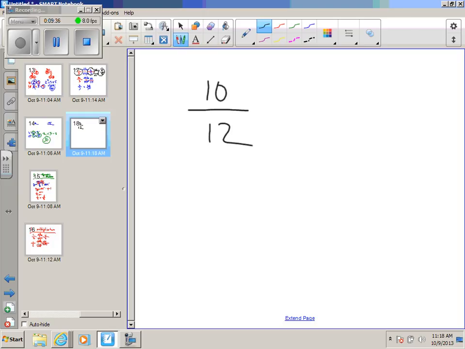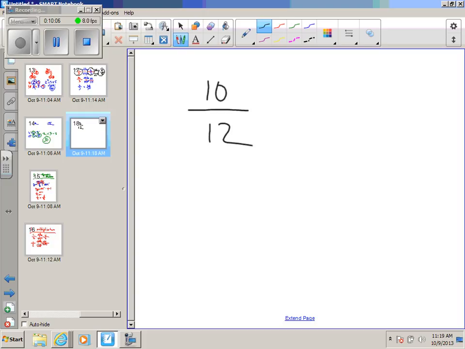Now, with multiplication, I can use whatever numbers I want. Do I have the same luxury with division? No, because if I look at this 10 12ths and I say, oh, you know what? That 10 ends in a 0, so I can divide it by 5. That's correct. However, you can't divide the 12 by 5, therefore you can't use it.